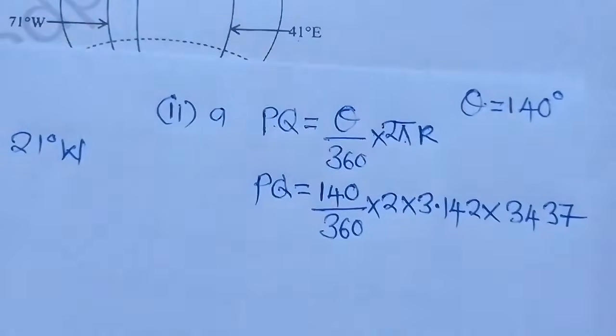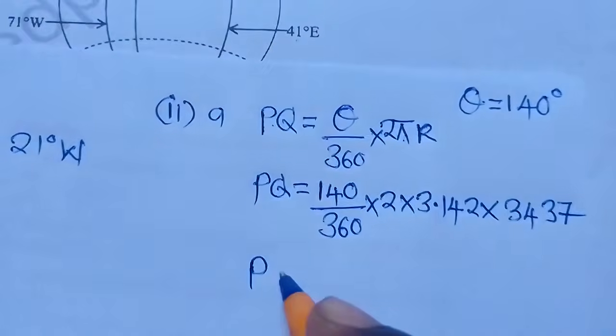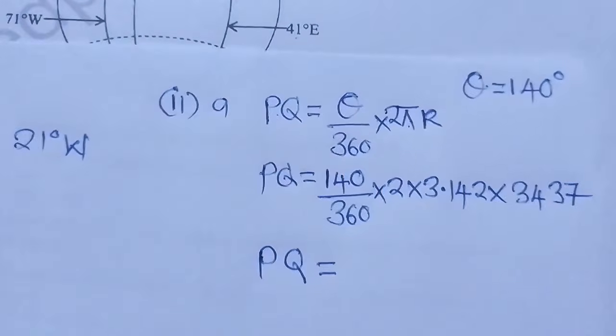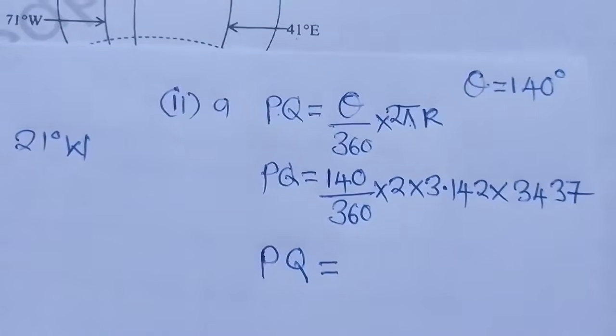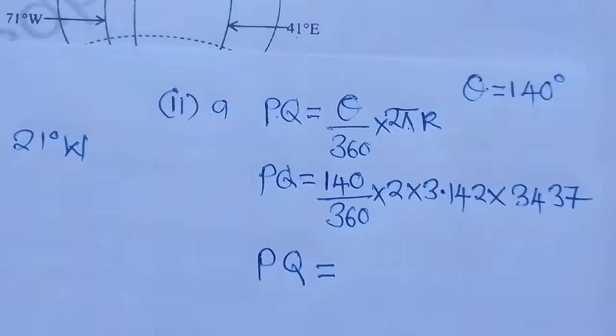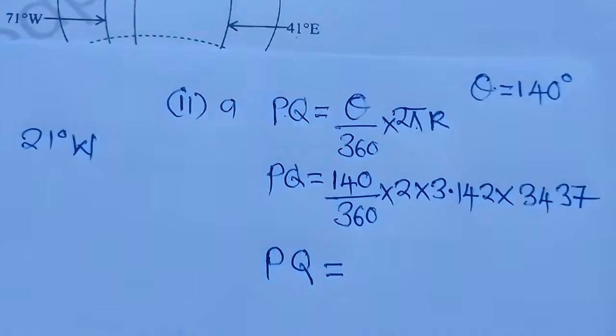So now you do the multiplication where I say PQ is equal to, PQ is equal to what? You multiply everything now. So you can confirm with me the answer that I'm going to get. So 140 over 360 times 2 times 3.142 times 3437.